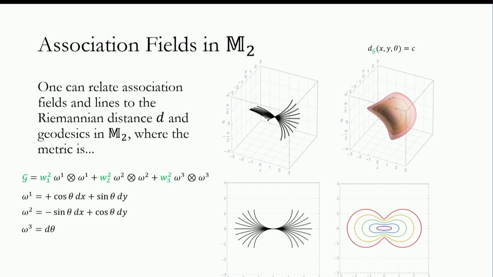Then here on the top right we just have isocontours of this distance. So the geodesics run perpendicular through these isocontours of the distance, right? Because distance increases along the geodesics. Does that make it clear? Okay, yeah, no, it's good. Thanks.